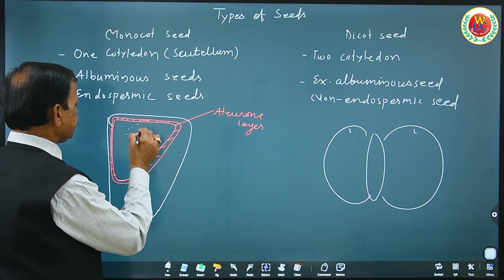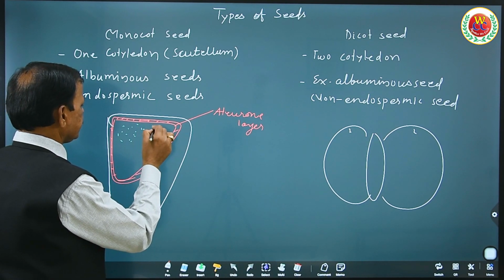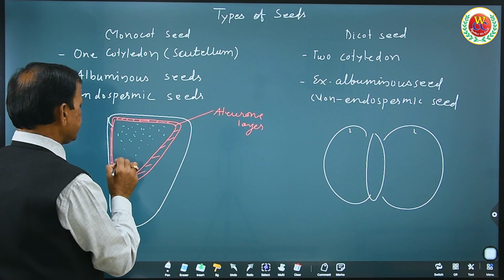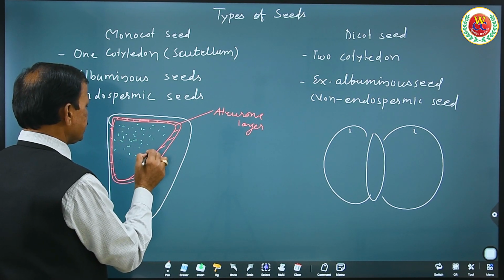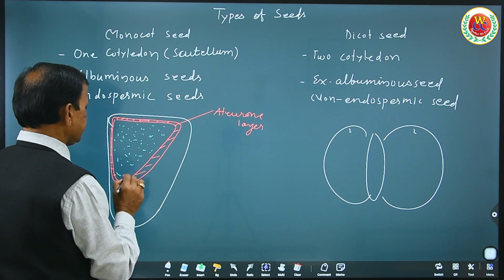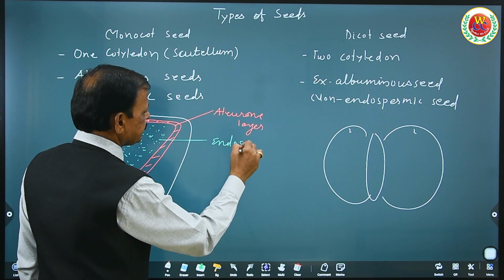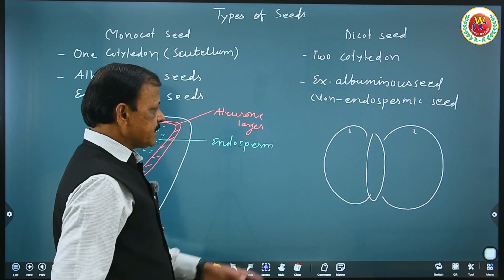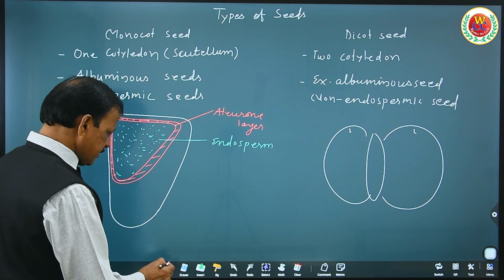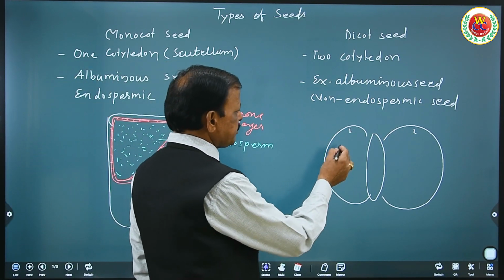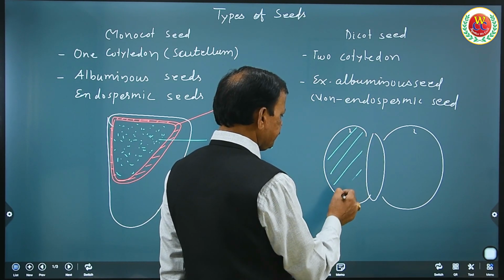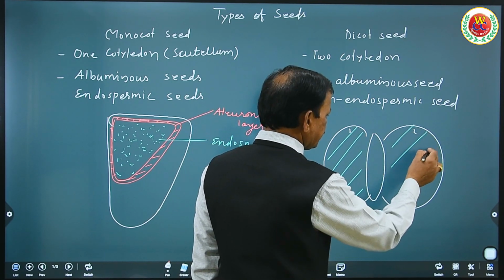This is endosperm. This area is full of endosperm, which is not being utilized. Therefore, this seed is endospermic. As here the endosperm is used to develop this cotyledon and embryo.